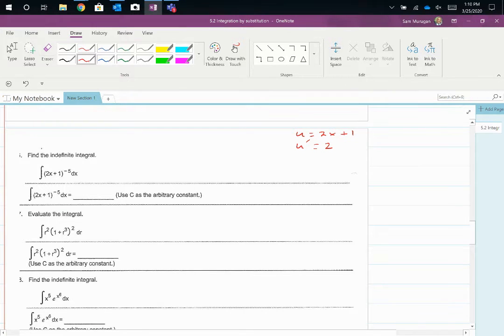And now we need to manufacture this. So this is going to become the integral of 2x plus 1 to the power negative 5, and we have to take this 2 and put it as 2 over 2, dx.